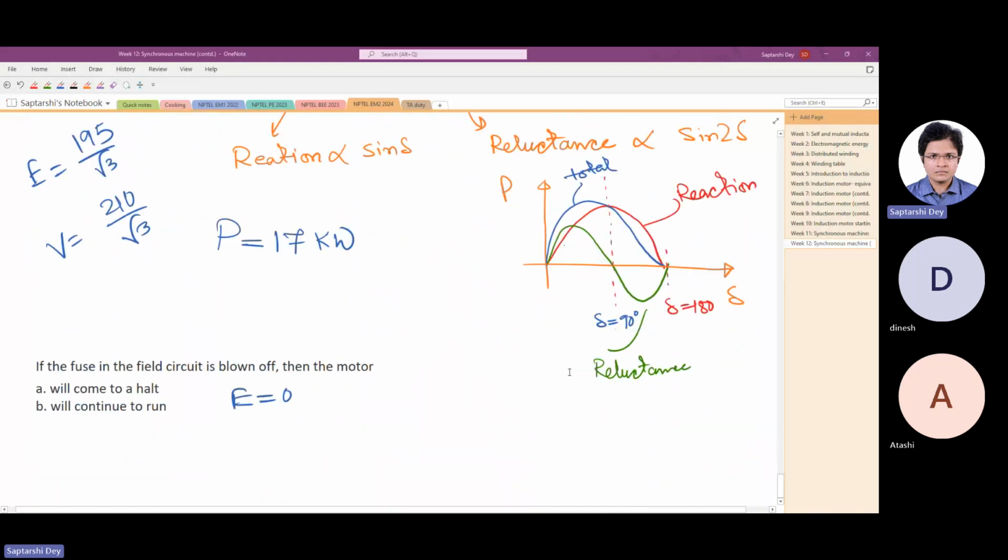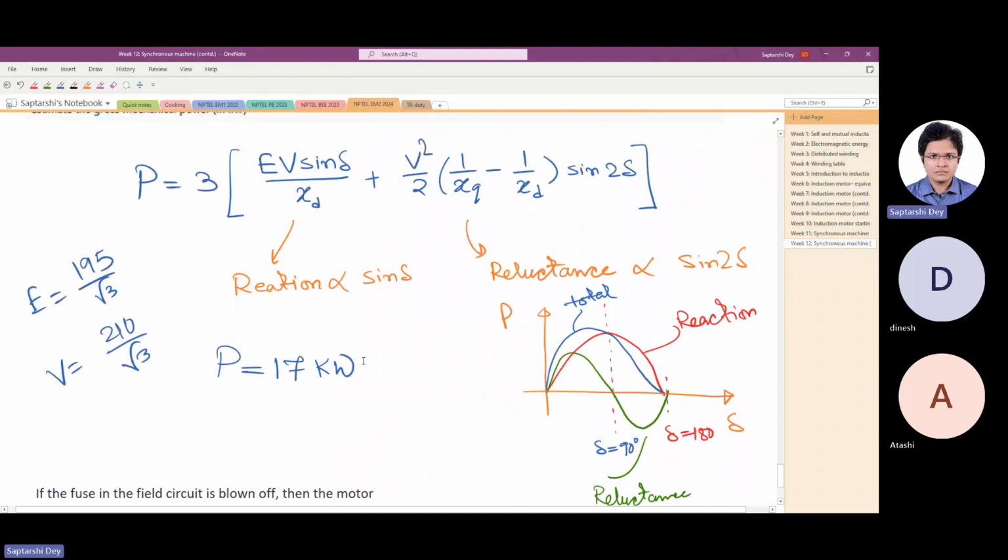We will operate the machine at such a value of delta that sine 2 delta is equal to 1. That is where we get the maximum possible reluctance torque. Sine equals 1 means 2 delta is 90 degrees, so delta is 45 degrees. So we will operate the machine at delta equals 45 degrees to get the maximum reluctance torque.